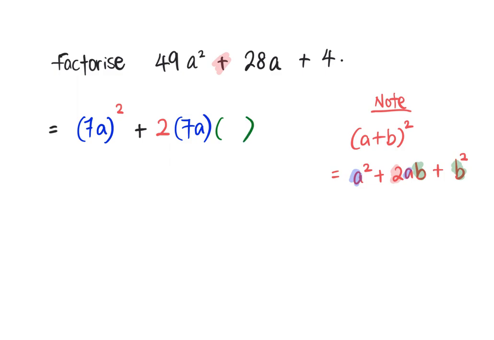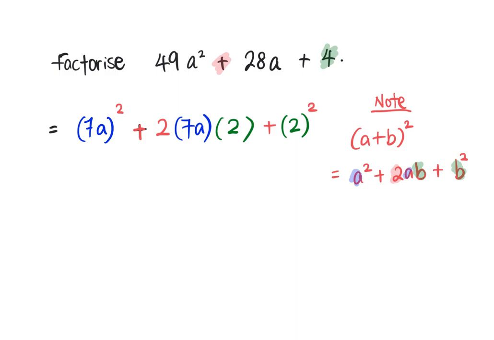Now is our b. Because then this one is just plus my b square. For b, then I will turn my attention to 4. Square root 4 would be 2, because 2 times 2 is 4, 2 square.